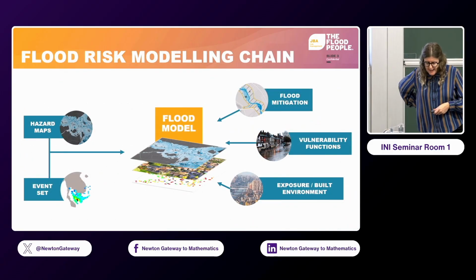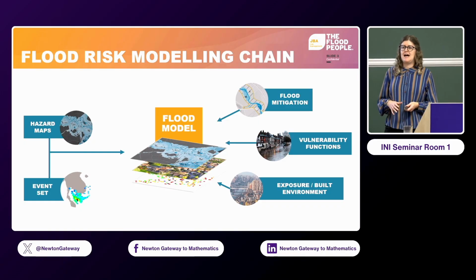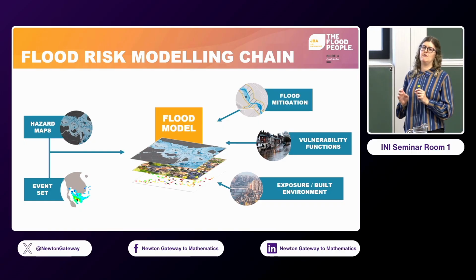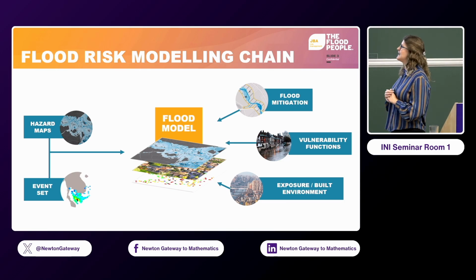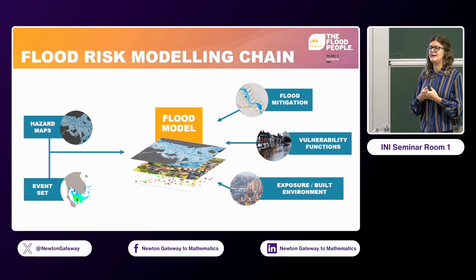Any company that works with natural hazards and what we call catastrophe modelling will have some form of this diagram that they put in all of their slide decks. I'm not going to talk through it massively because I'm only going to talk today about a few elements of it.